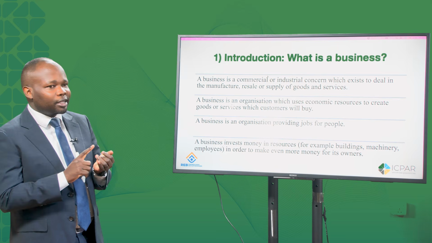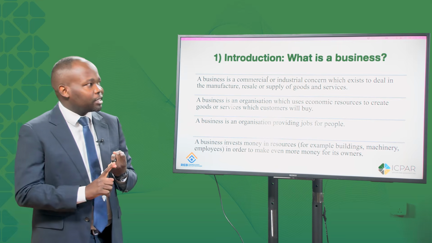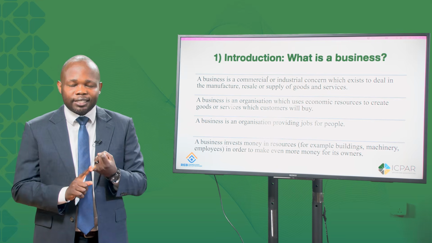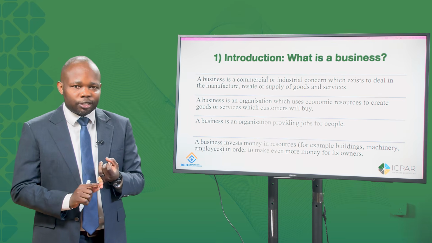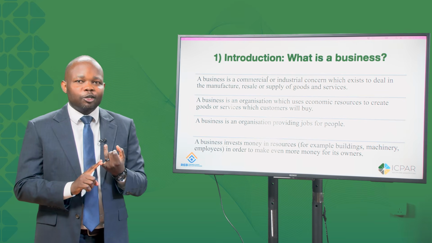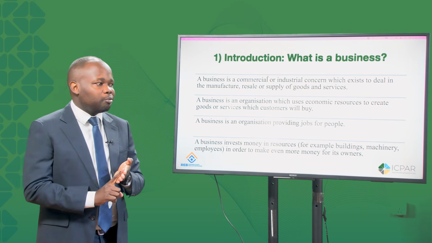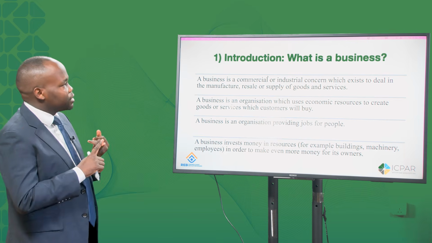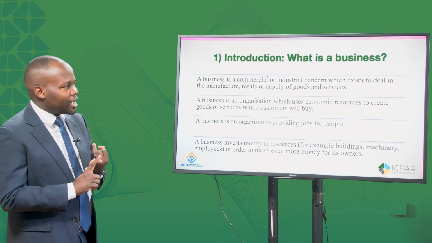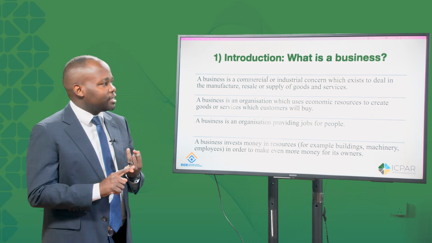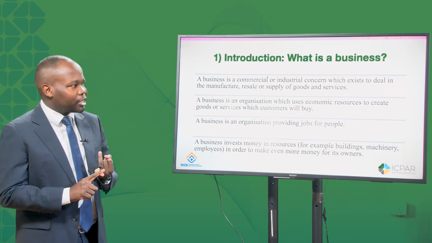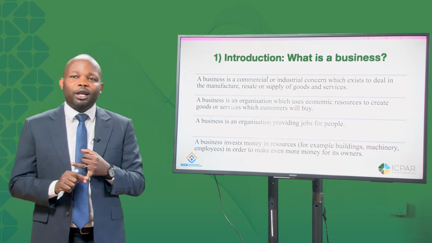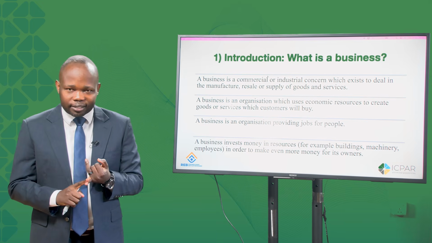When we start with subtopic number 1, which is what is a business, under our introduction, business has got 4 definitions that we'll be focusing on today. The first definition, a business is a commercial or industrial concern which exists to deal with manufacture, resale, or supply of goods and services.